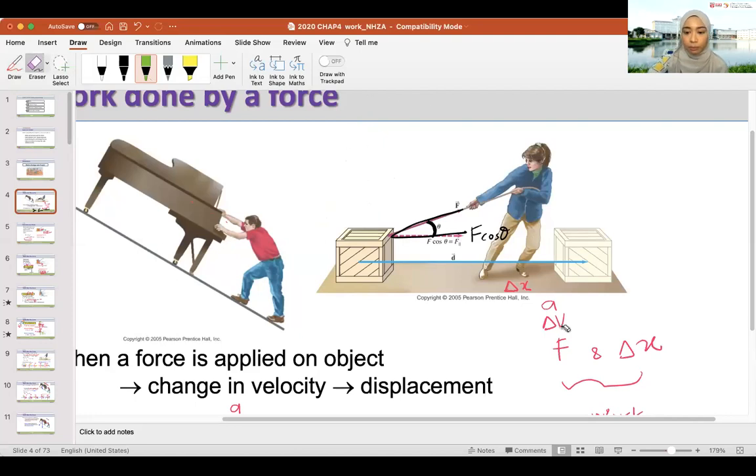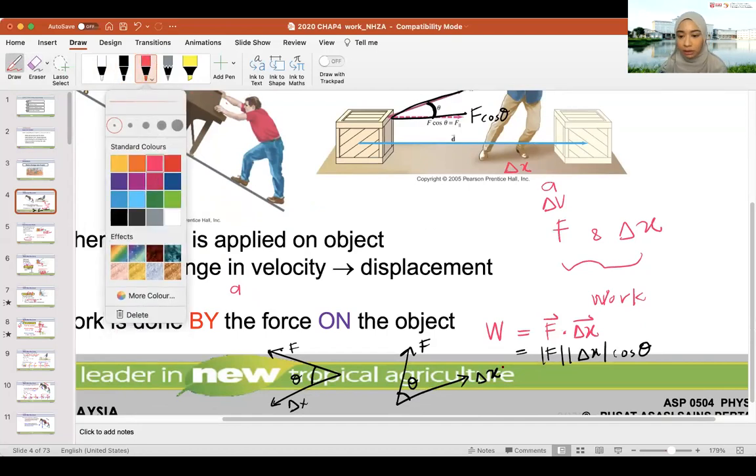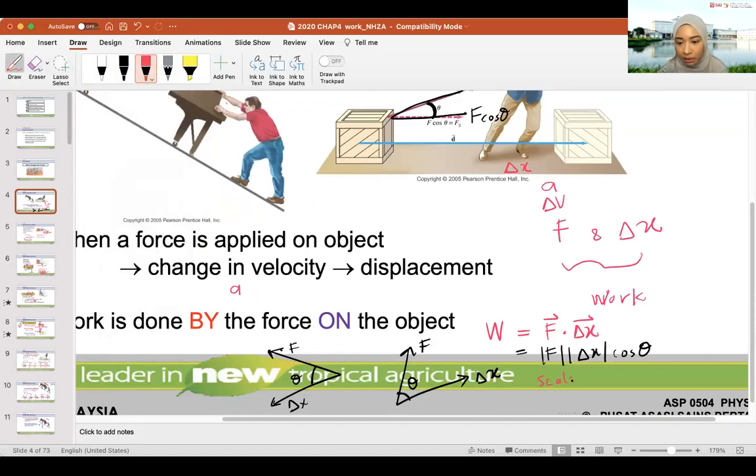Now, if you have a dot product, it will give you a scalar quantity, not a vector quantity. What does it mean when you have a scalar quantity? It means it's not a vector, or it does not have direction. It has a sign, positive or negative, but it's not a vector.